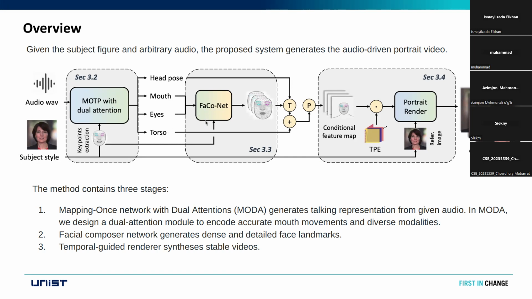And we have FACONet, a facial composer network. It is a vanilla GAN to enhance the key points based on mouth and eyes, and after that we transform our 3D landmarks into camera space. Then we render output frames here.